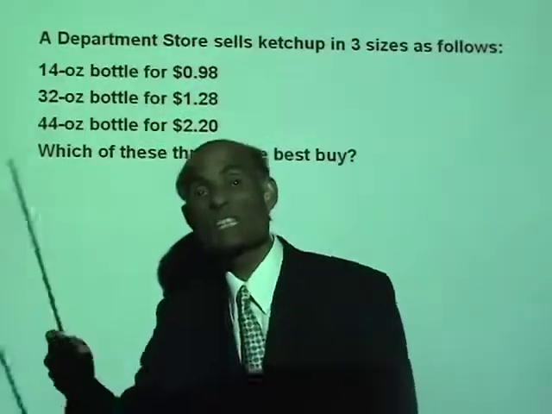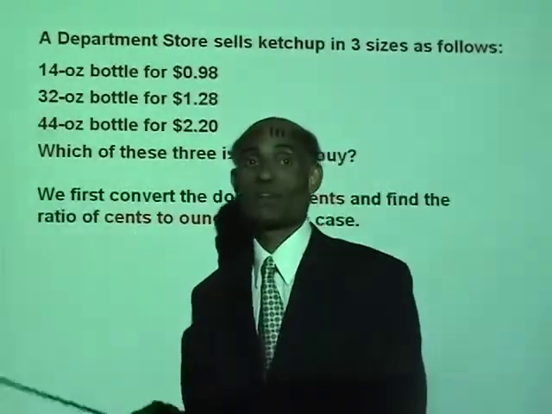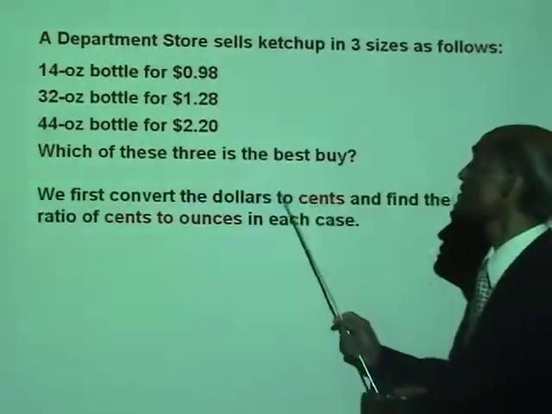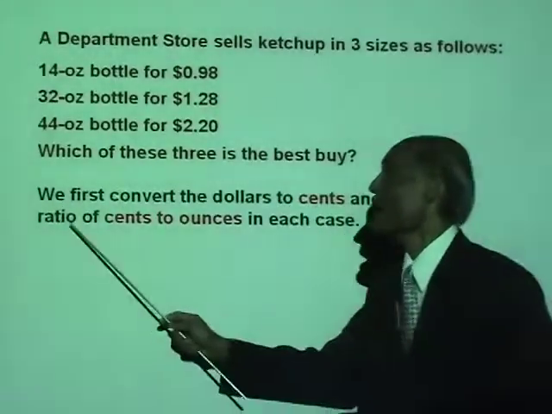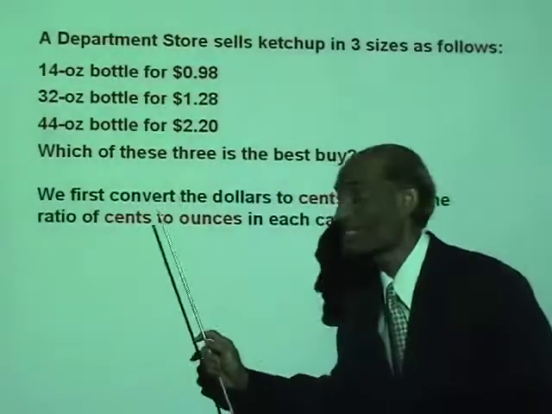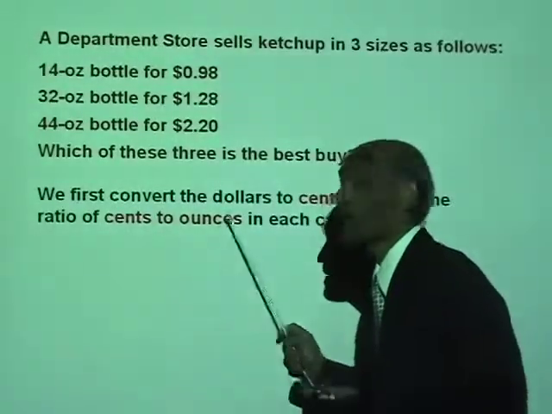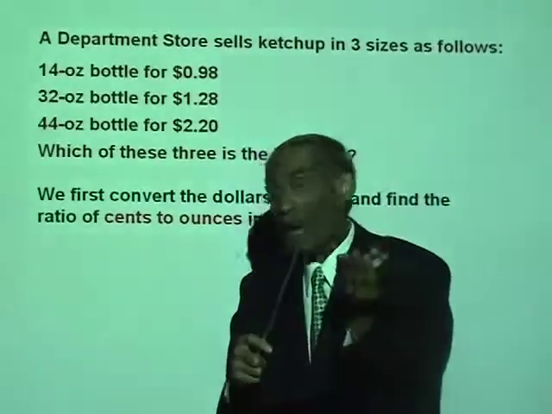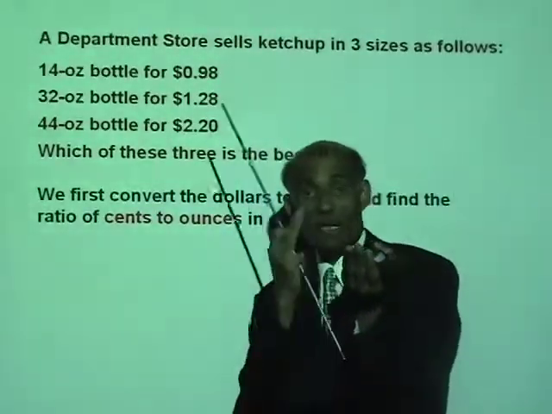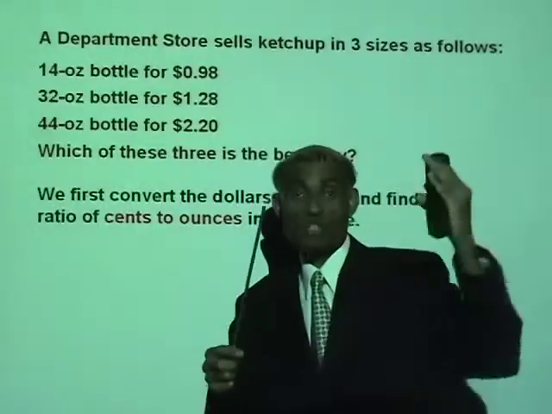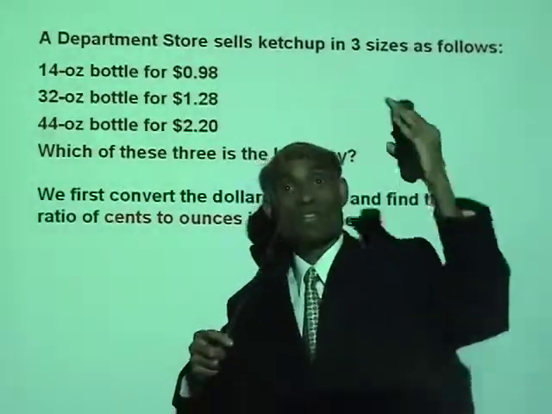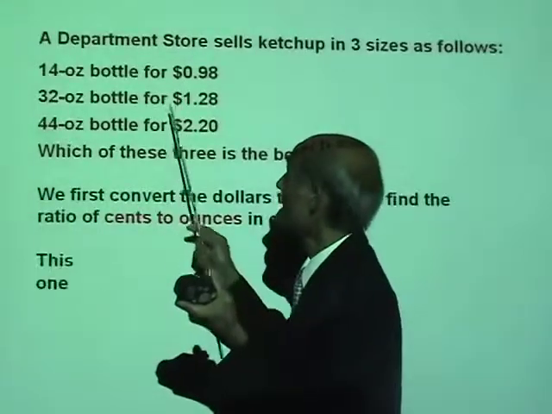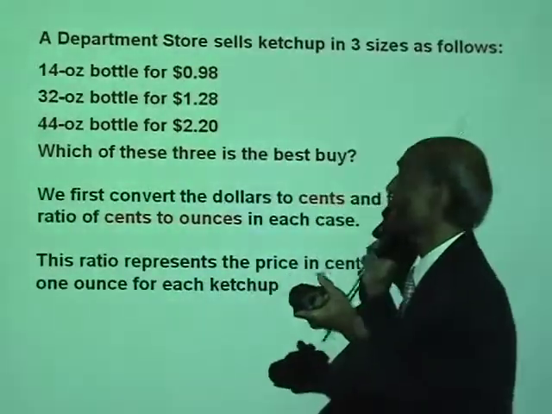So we first convert the dollars to cents and find the ratio of cents to ounce. In other words, write cents on the numerator and ounces on the denominator, and that will be the ratio of cents to ounces.